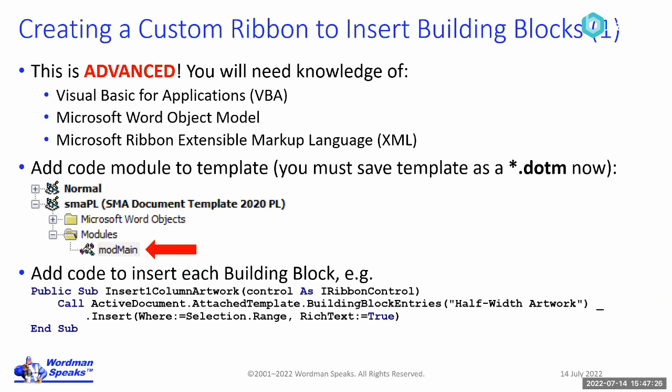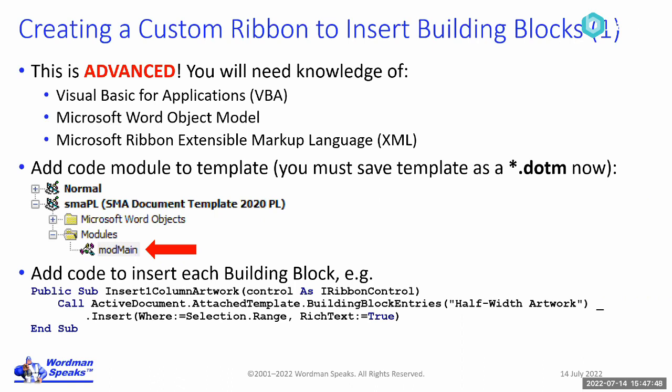Where do I want to insert it? Selection.Range, which is basically where I have my cursor, and bring it in as rich text. So whenever I run that macro, run that piece of code, it's going to go and get that building block out of the template and insert it wherever my cursor is in the document. It's pretty much all it does.